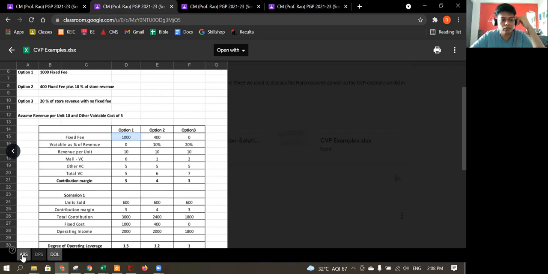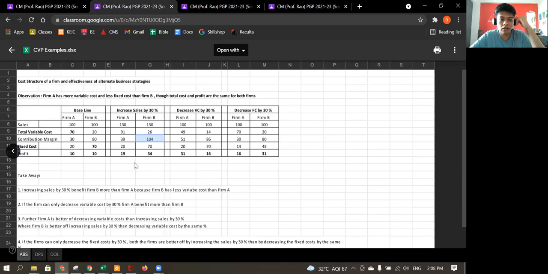Okay, next topic is absorption, activity. Anyways, in this case, this is again marginal costing. 100 minus 20, 80 is the contribution, minus fixed cost is profit. Now, if I increase sales over here, sales does not mean sale price, sales means the number of units.